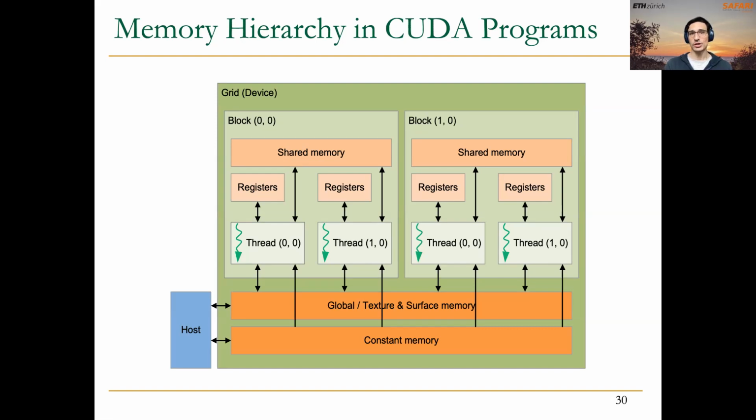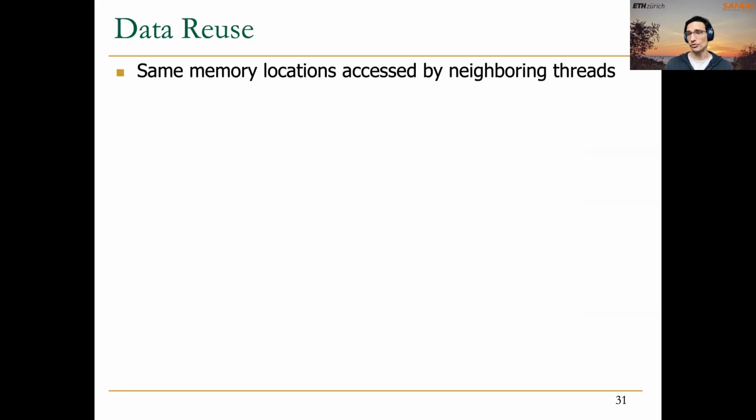The idea of having all these multiple spaces in the memory hierarchy is to take advantage of data reuse. Data reuse essentially means that some input value or some data in global memory is going to be accessed more than once by either a single thread or multiple threads.